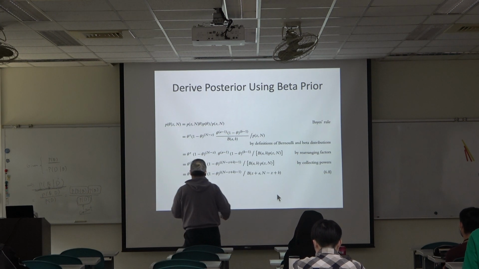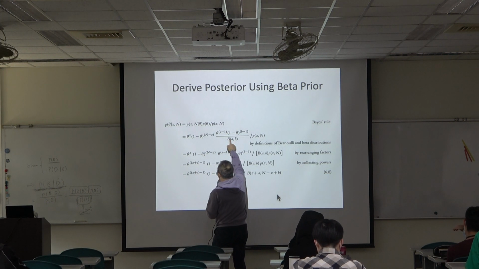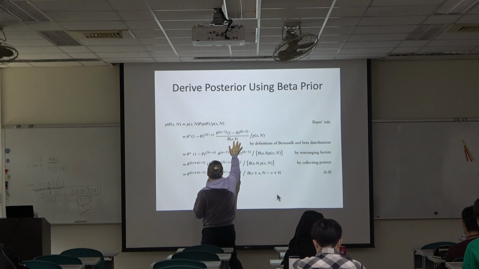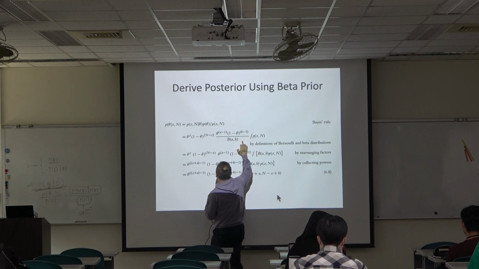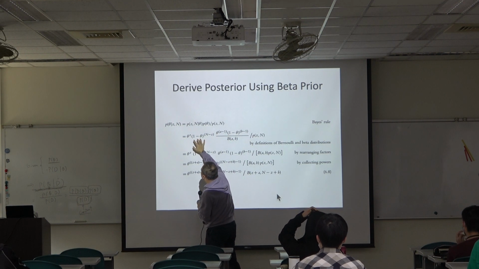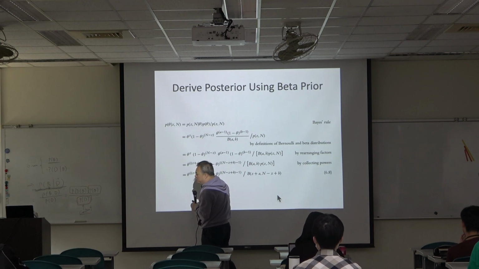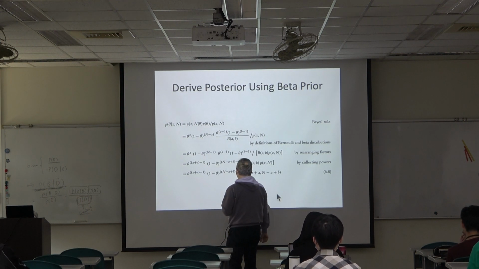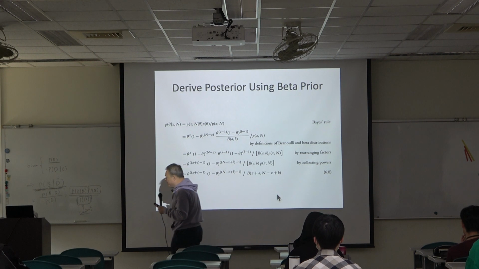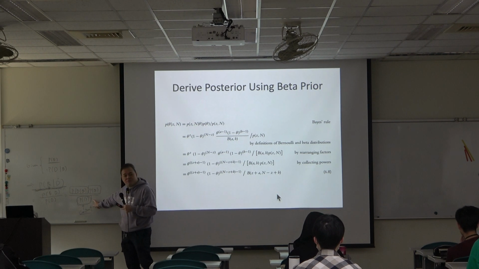So in this slide, we put in this beta distribution here, and we put in the binomial likelihood here. As for the denominator, we know nothing about it.